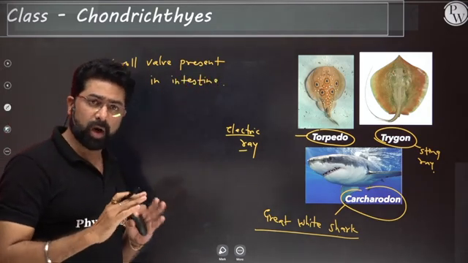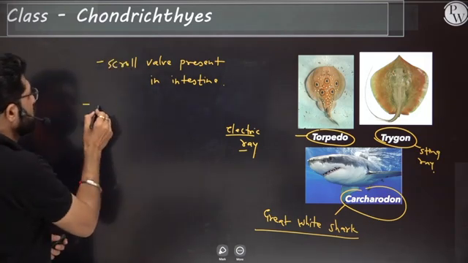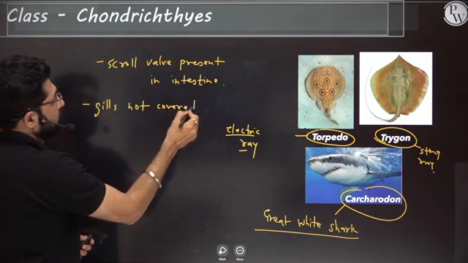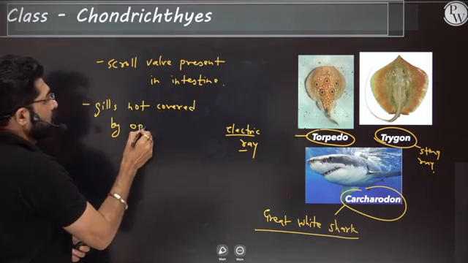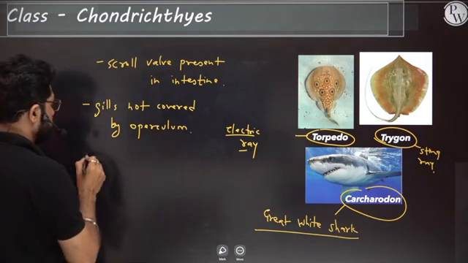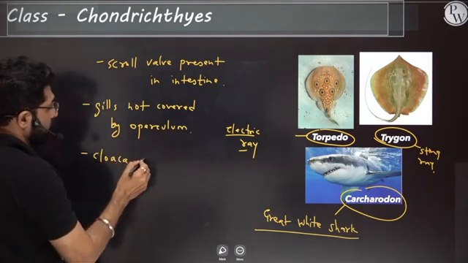Their gills are not covered by operculum. Cloaca is present in them.